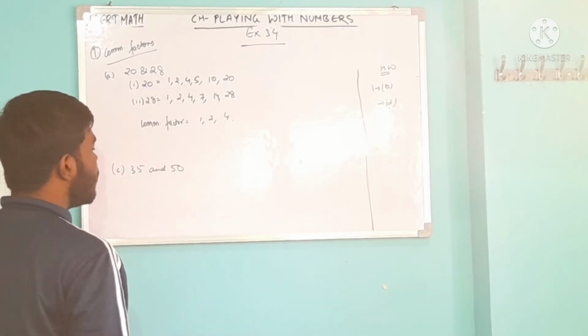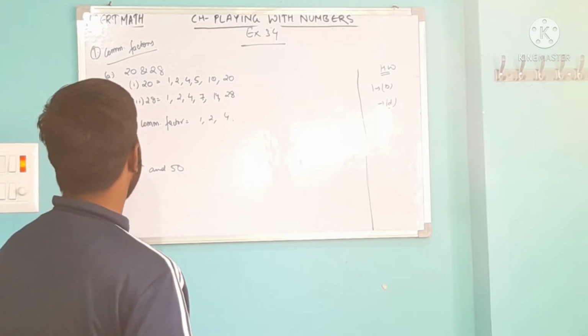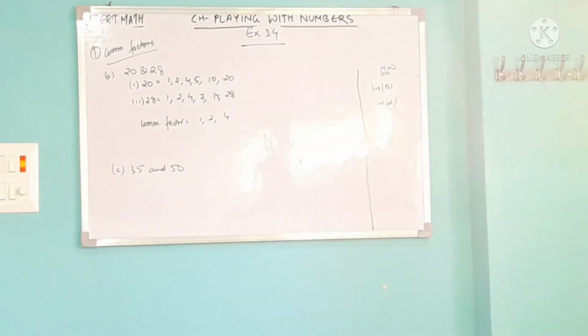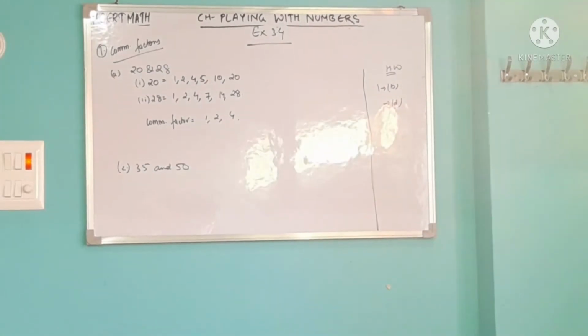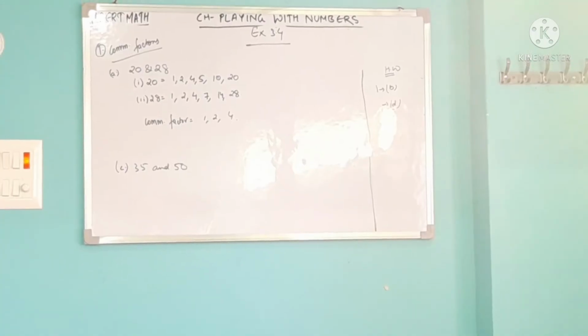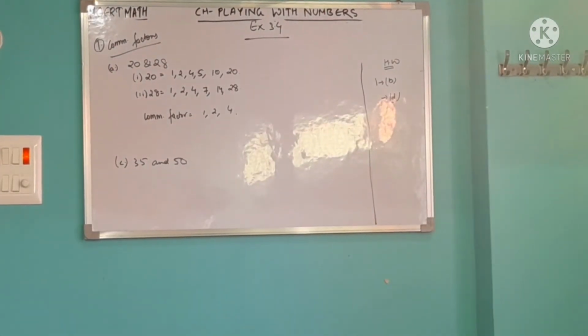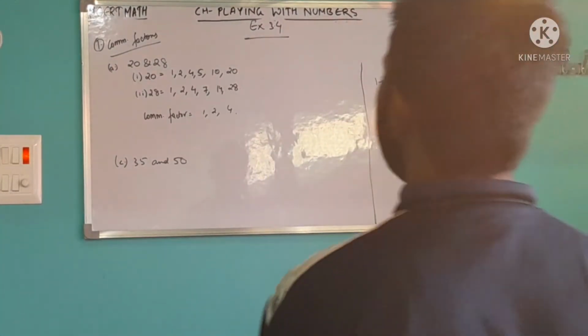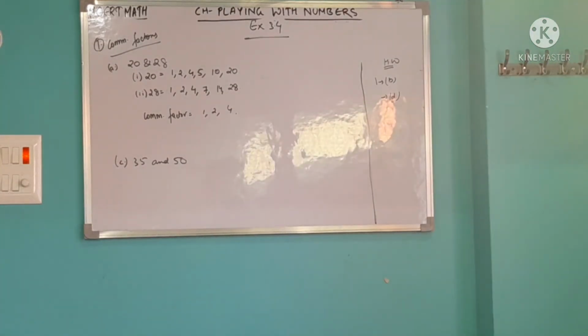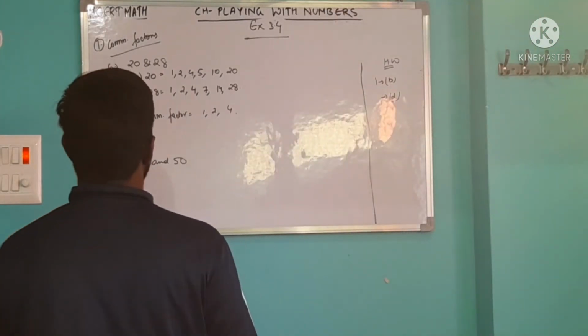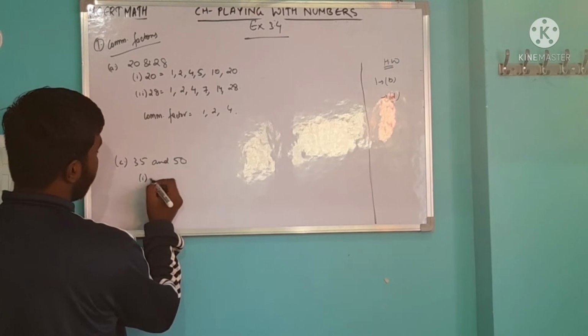In the C part we have 35 and 50 as our given terms, for which we first need to find the factors of 35.